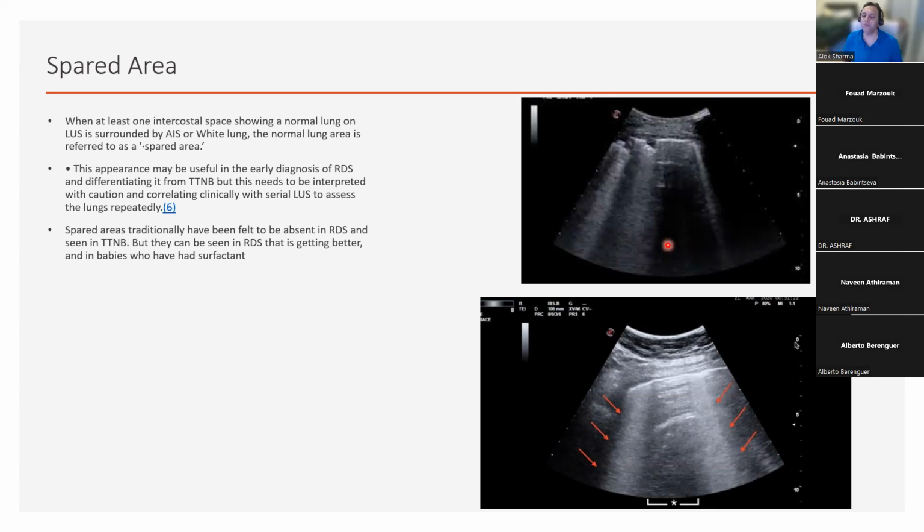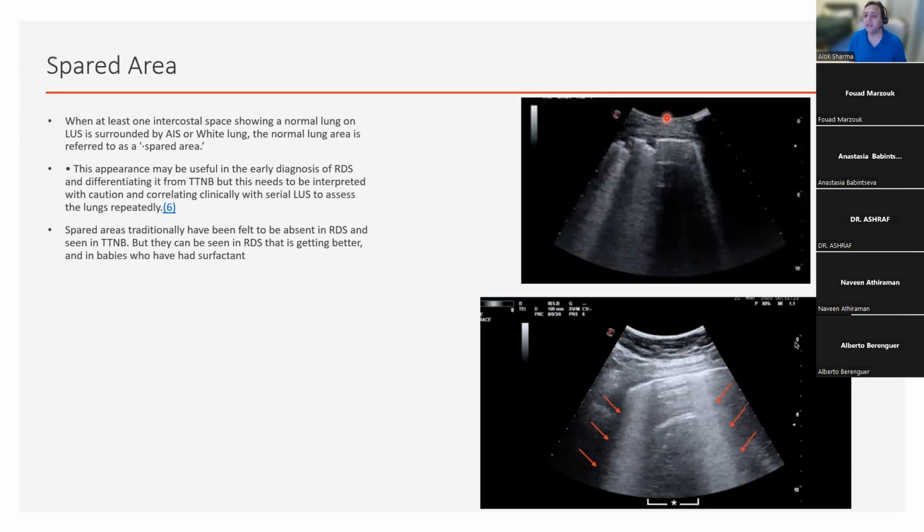Now, what we know, if you read Blank's article, is that the anterolateral parts of the lungs and the upper lobes tend to aerate much more quickly as compared to the lower lobes. And if the baby's supine, then the posterior parts of the lungs tend to aerate even more slowly. So often what you'll find is you'll start seeing these spared areas, or what you call a double lung point, quite early on when there's mild TTN.